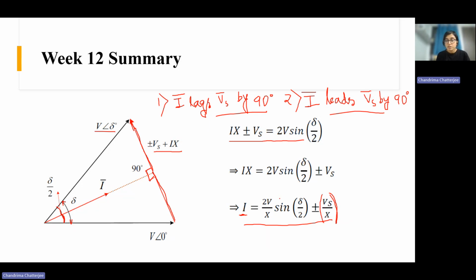For a particular operating condition, suppose V is constant, and at a particular operating point there is a particular power angle delta. So if this quantity is constant, then the current changes with Vs linearly. And that is proved from this equation.